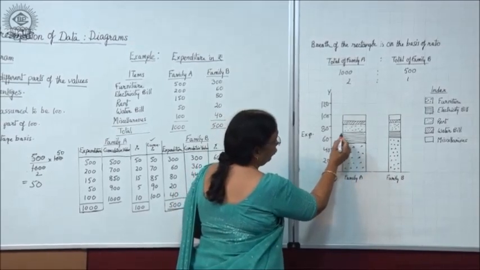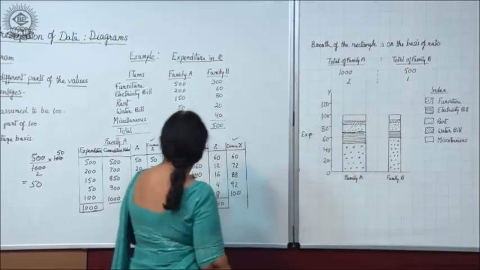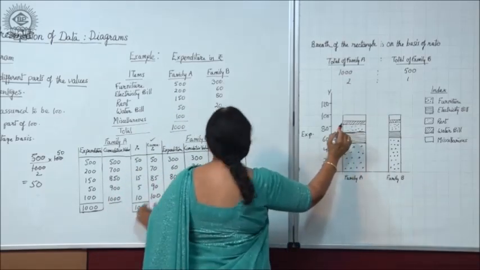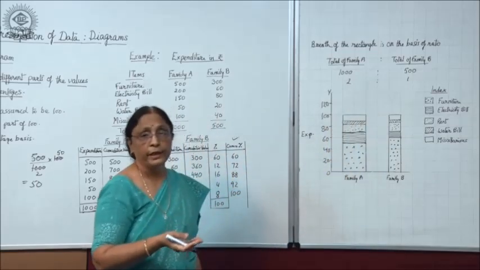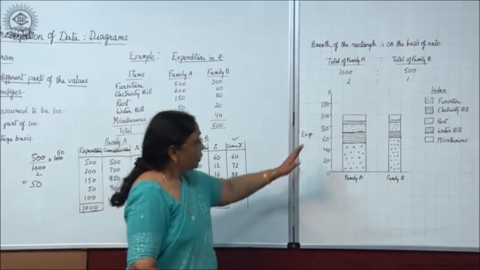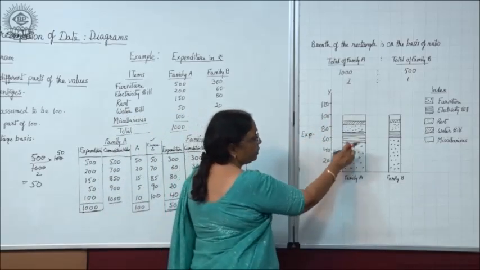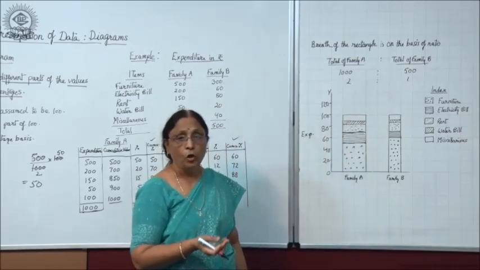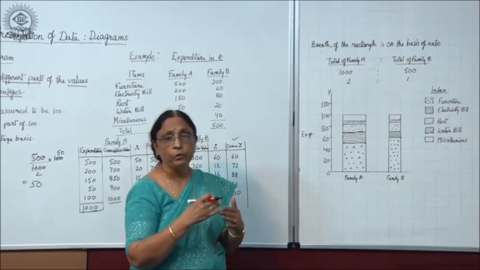You just move on to 70 and draw the line here. Then again next go to 85. Then next is 90 and rest is the remainder, that is till 100. So this way different divisions are made and each division is shaded either by different color or by different sign or symbol, so that we can distinguish it.